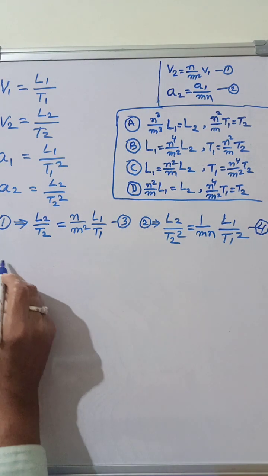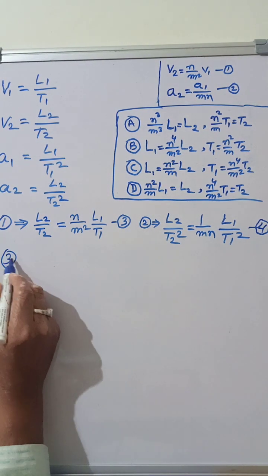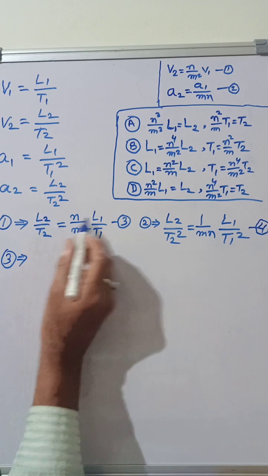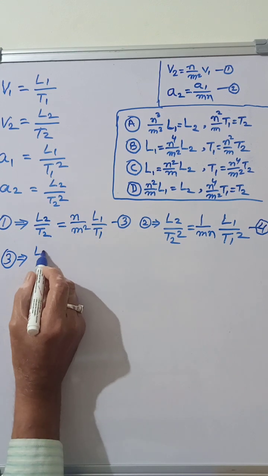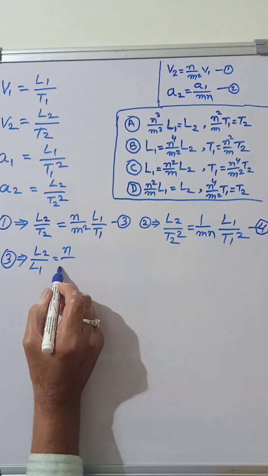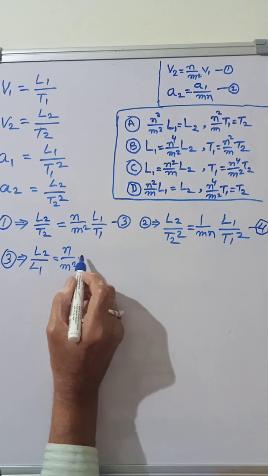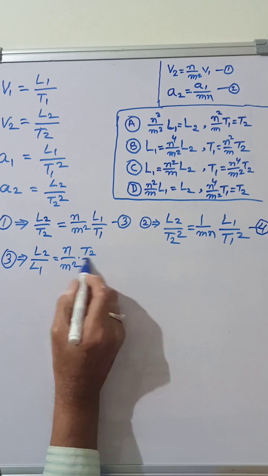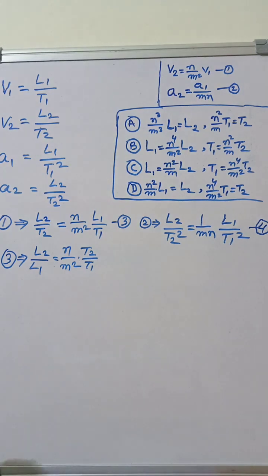Now equation 3 implies L2 by L1 is equal to n by m square into T2 by T1.